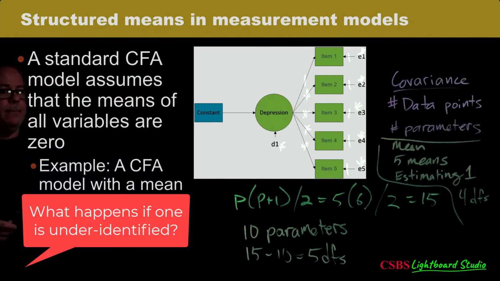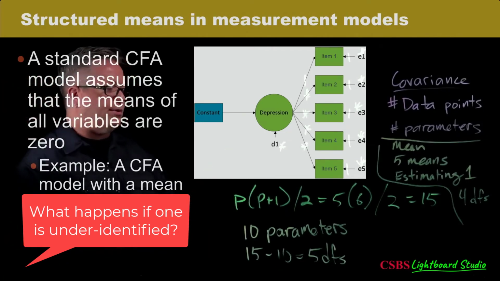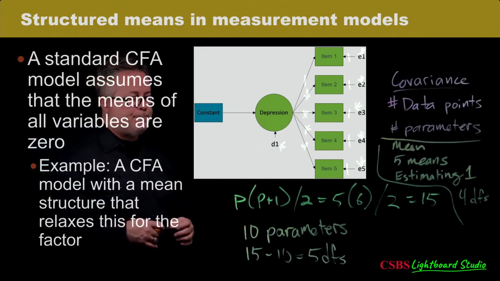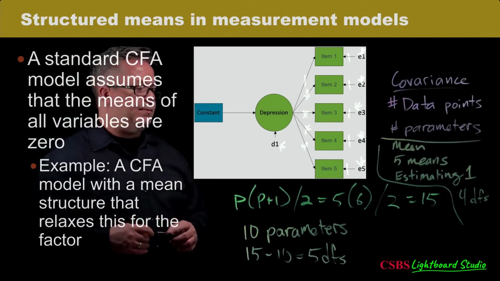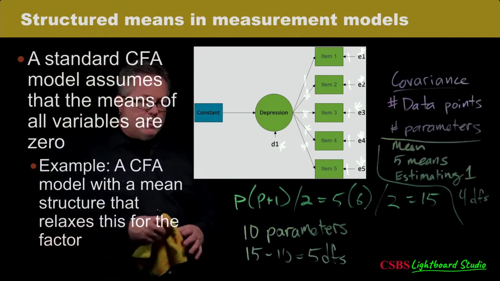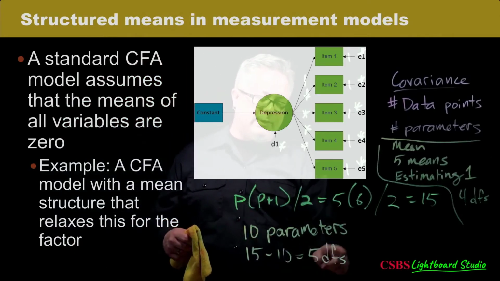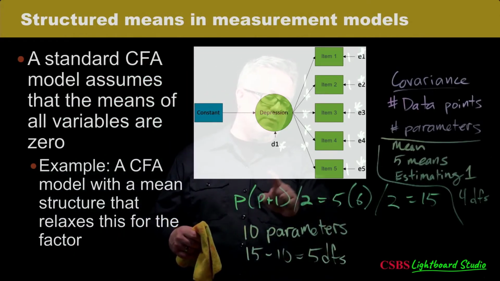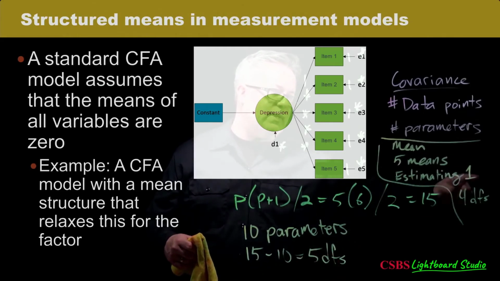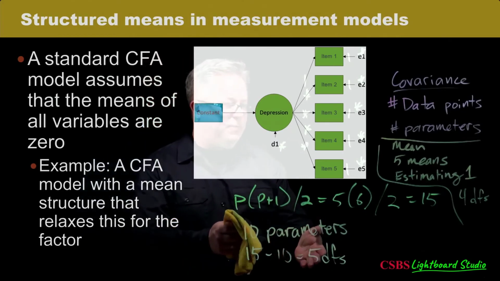All right. Well, that's what I was saying before. If either one of them is under-identified, then the model can't be estimated. Right, so if both are under, then that's obviously a problem. But even if we get degrees of freedom for the covariance structure part, so this is over-identified, but this is under-identified, the model can't run, and you can't shift degrees of freedom from here to there, right?